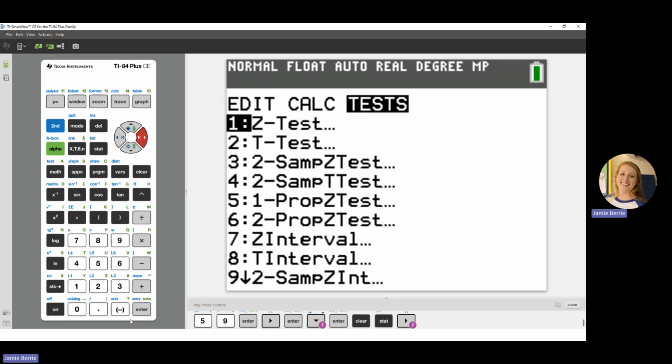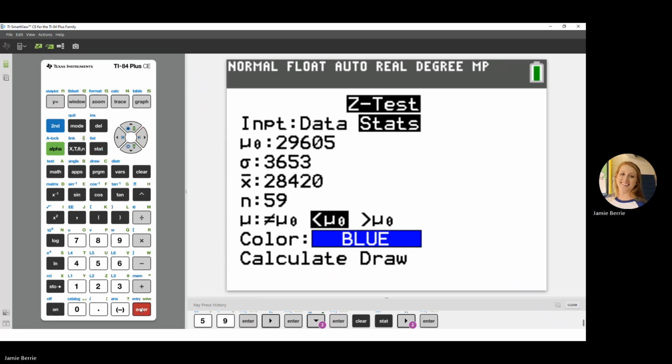Stat test, z-test. All right. My value that's currently believed to be true is 23 hours. Population standard deviation is 4.8. X bar, the sample mean, was 22.2. Sample size was 96.